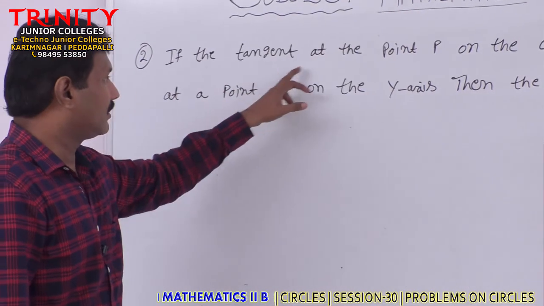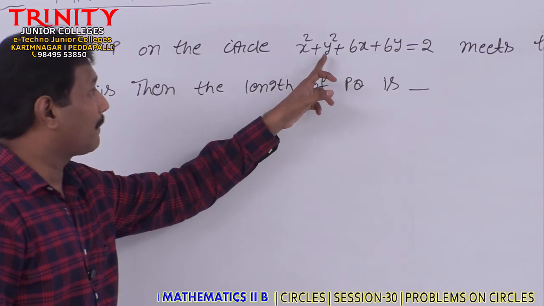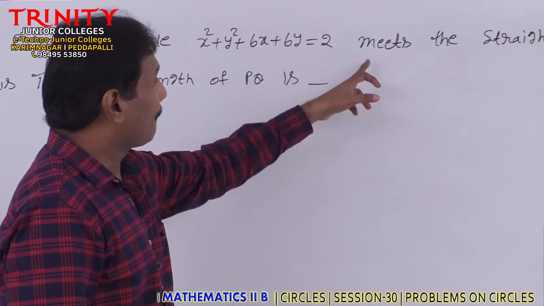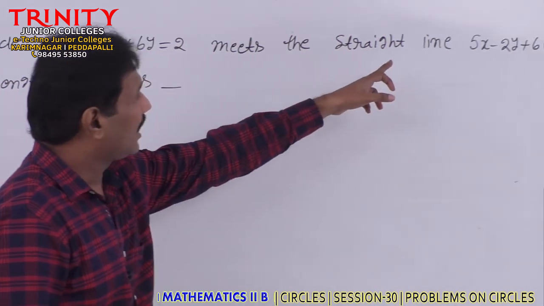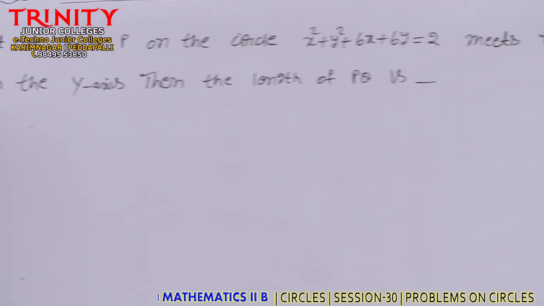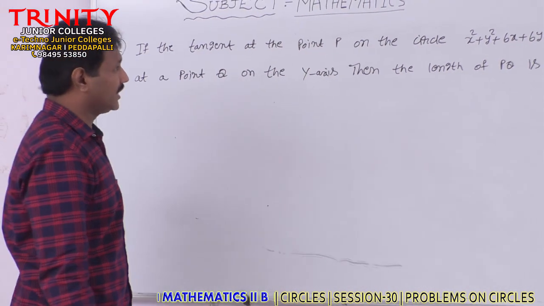If the tangent at the point P on the circle x square plus y square plus 6x plus 6y equals 2 meets the straight line 5x minus 2y plus 6 equals 0 at a point Q on the y-axis, then the length of PQ is?